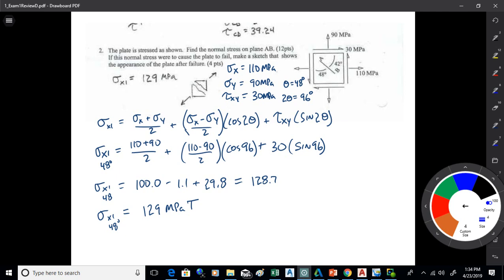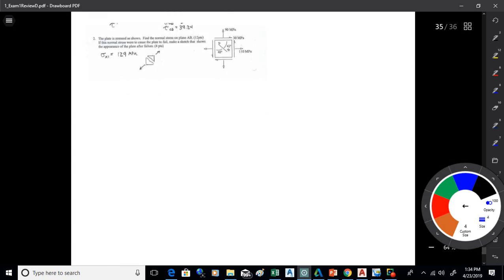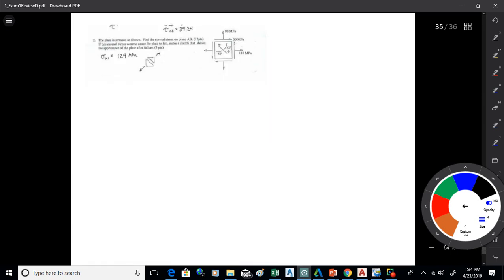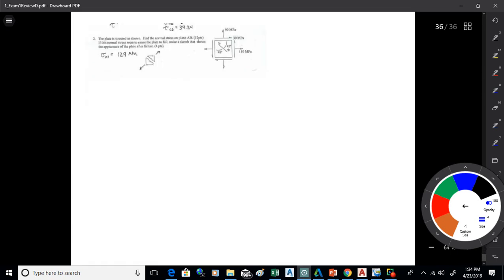That's really about all there is to it. So you've got to identify sigma x, sigma y, tau xy, and then the angle to the plane from the vertical reference plane. So that's 48 degrees you want on that one. And then you just plug the stuff in. I mean, that's really about it. And then if that fails in tension, it'll just split apart there. Okay.